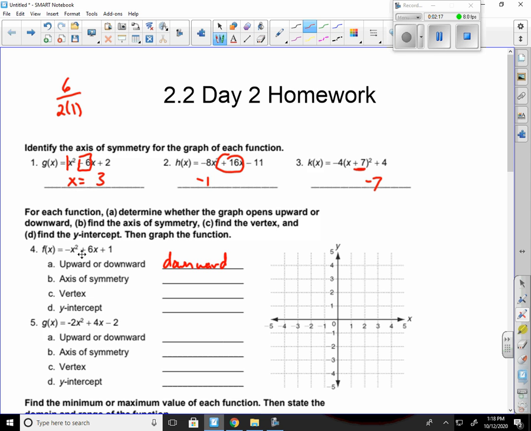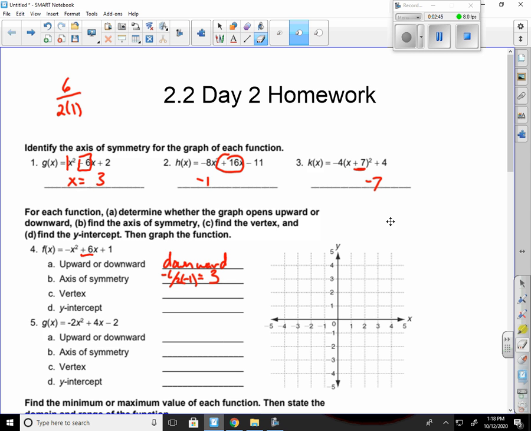Axis of symmetry, negative b over 2a. That gives me negative 6 over 2 times negative 1. That's negative 6 over negative 2, which is a positive 3. Now to find my vertex, I then plug this 3 into my formula.